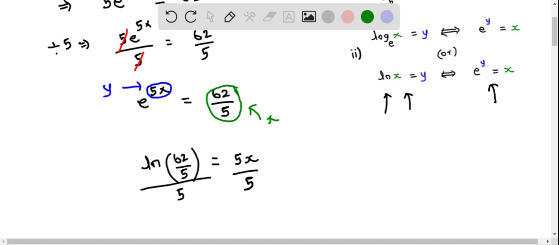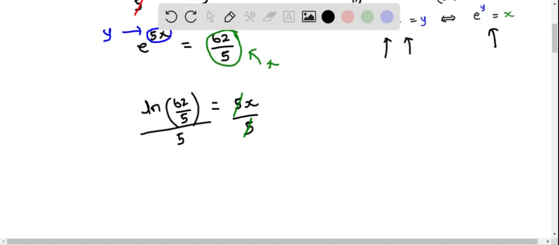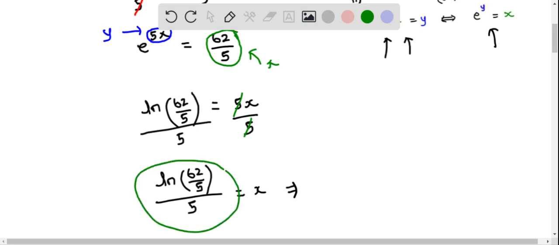We can cancel this 5 and 5. So we get natural logarithm of 62 over 5, divided by 5. This equals x. Now we can plug this expression into the calculator.